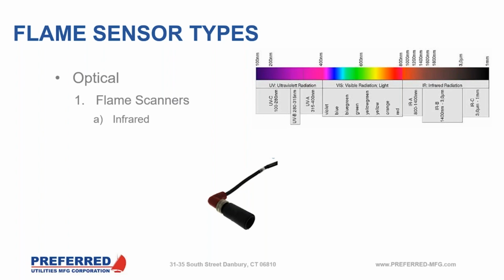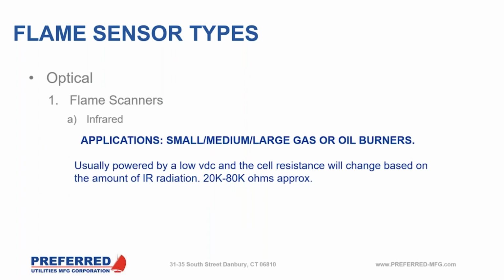Okay, and it's a very simple element, a lead sulfide cell, and these are going to be applied on small to medium, even large gas or oil burners. And they're usually powered with a very low voltage DC. And the cell resistance is basically going to change based off of the amount of IR radiation. So we're going to see a resistance change based off of how much IR radiation we have there.